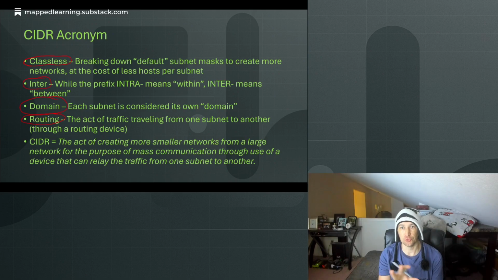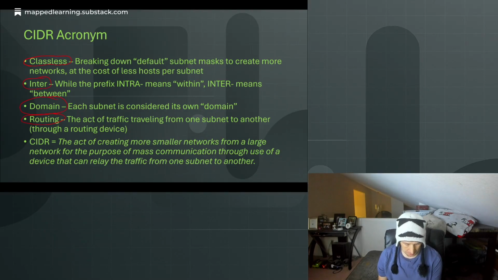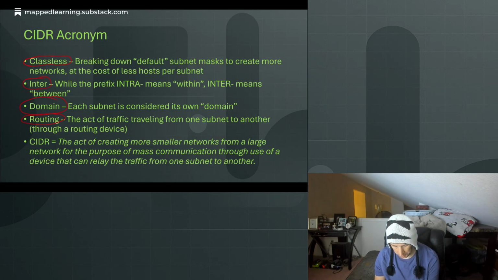So when we take the entire acronym CIDR and we put it together, it means the act of creating more smaller networks from a large network for the purpose of mass communication through use of a device that can relay the traffic from one subnet to another.